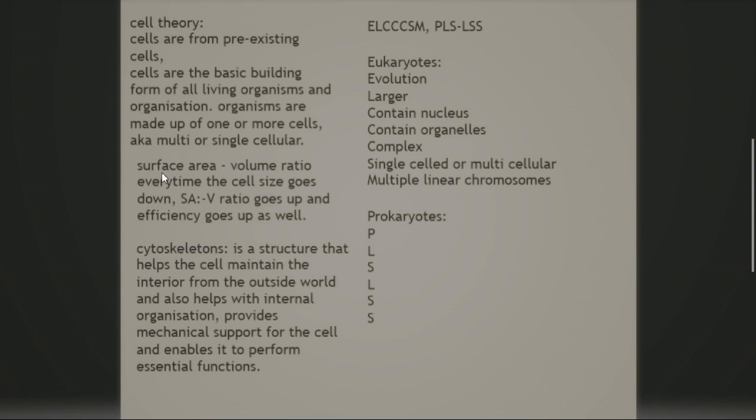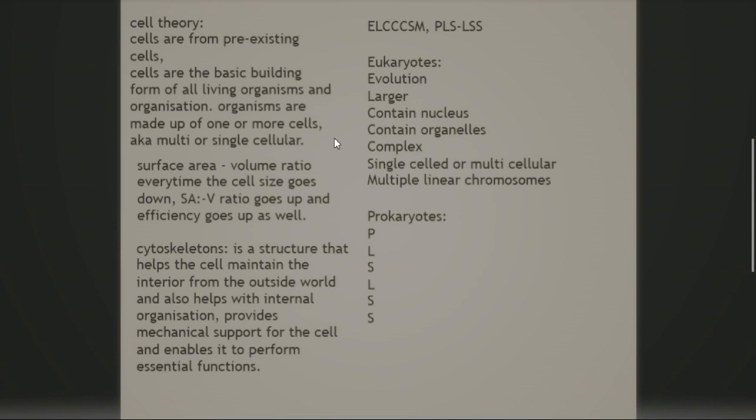So now moving on to surface area to volume ratio. I was going to originally replace this with SA colon volume or just the SA:V, but that would have confused a lot of people. So surface area to volume ratio is what I've ended up writing.